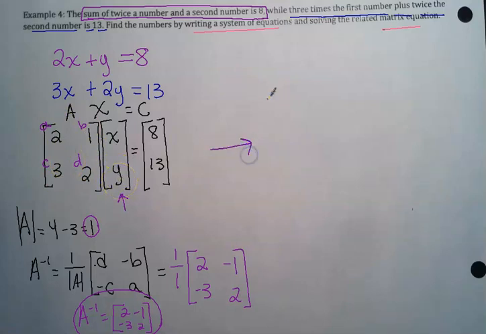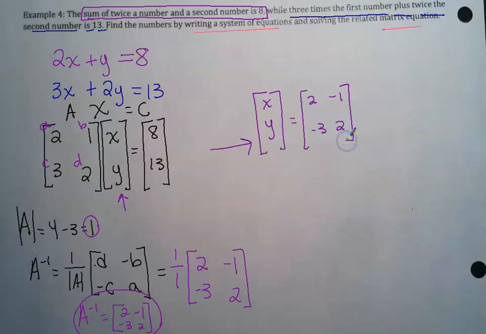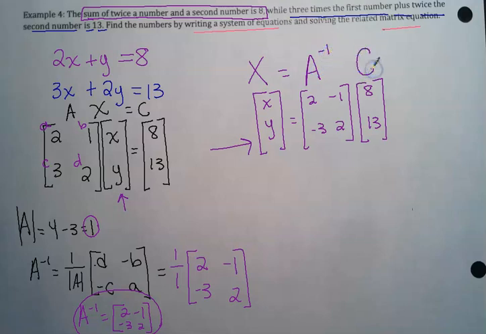What I'm going to do is I'm just going to write, all right, this is x, y is going to equal our inverse matrix, so 2, -1, and -3, 2, times our constant matrix, 8, 13. Okay, so now I've got my X matrix equals my inverse of A matrix times my constant matrix.